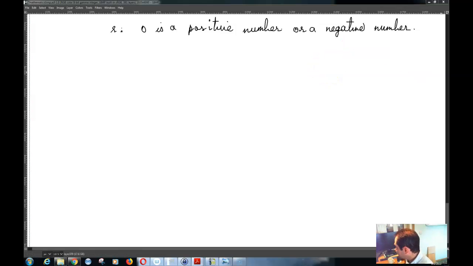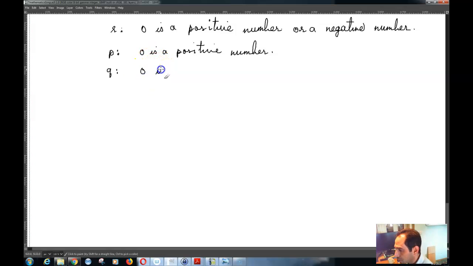So the component statements of this compound statement are P, 0 is a positive number, and Q, 0 is a negative number, and the two components are connected together using the word OR.